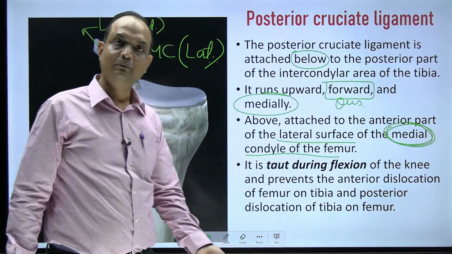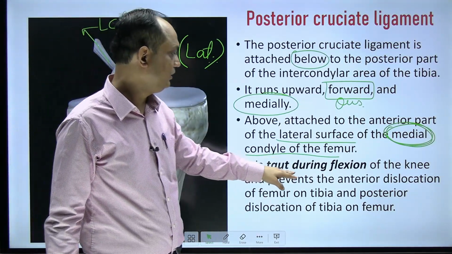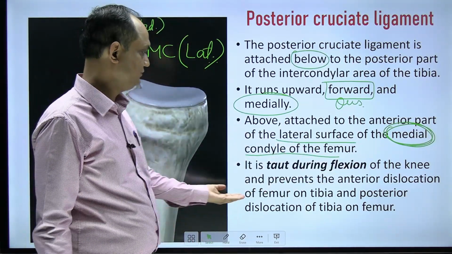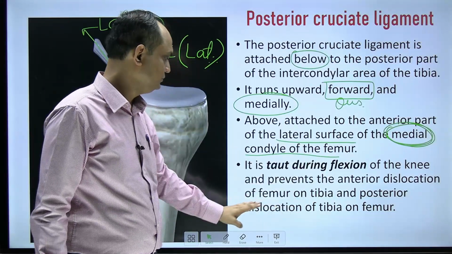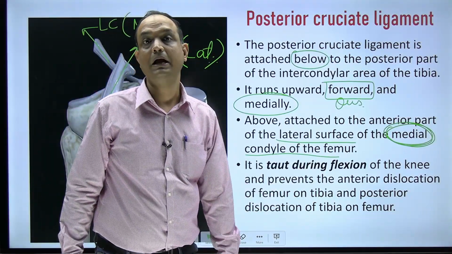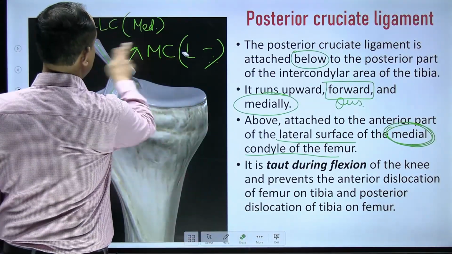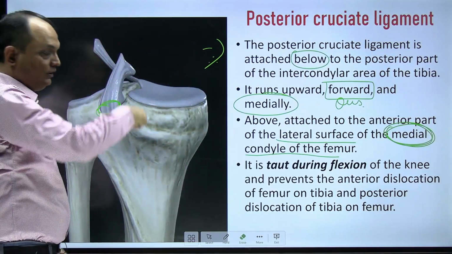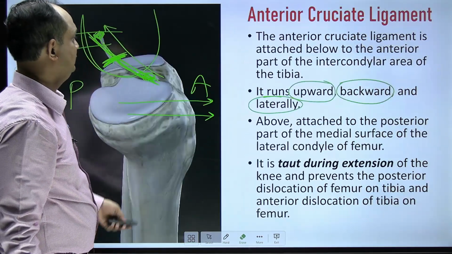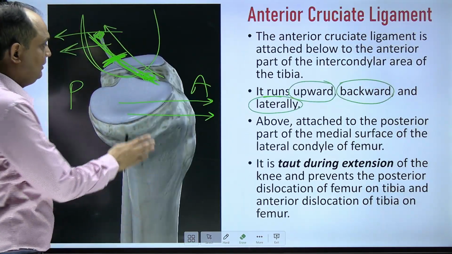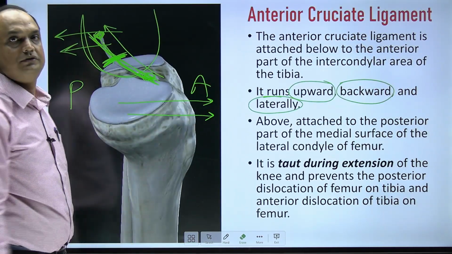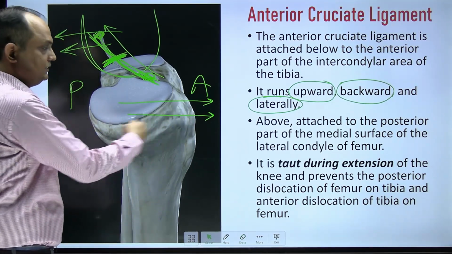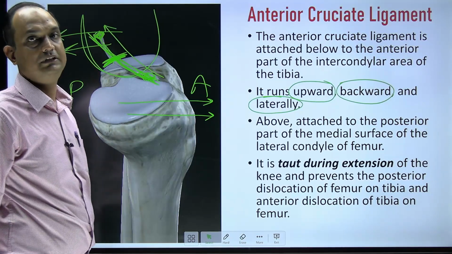Now there is one more difference: this ligament gets taut during the flexion of the knee joint and it prevents the anterior dislocation of the femur on the tibia and posterior dislocation of the tibia on the femur. That means if you have the tibia above, we have seen that ACL is avoiding the anterior dislocation of the tibia, but PCL is avoiding posterior dislocation or posterior shifting of the tibia.